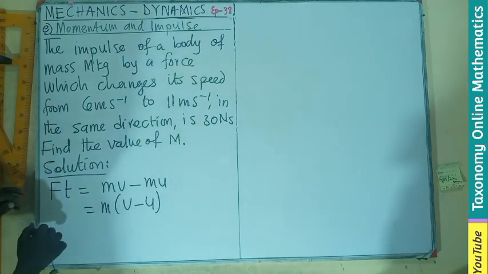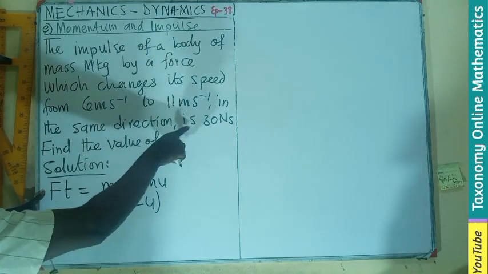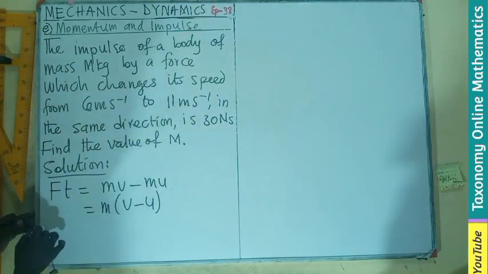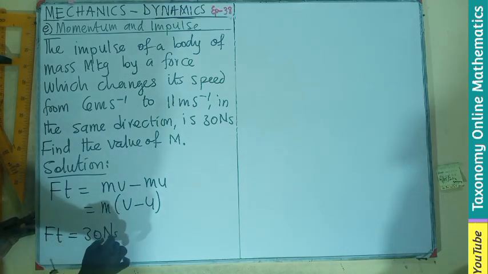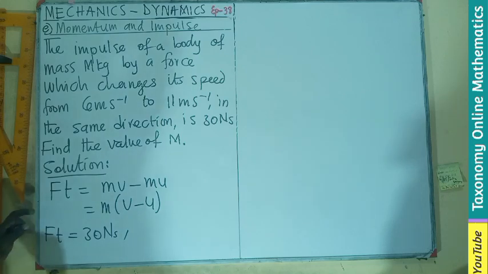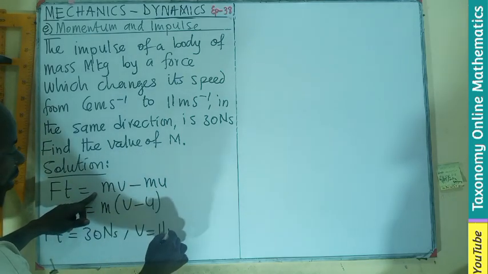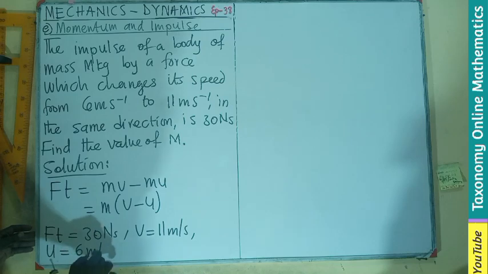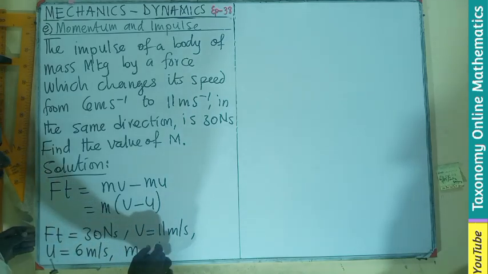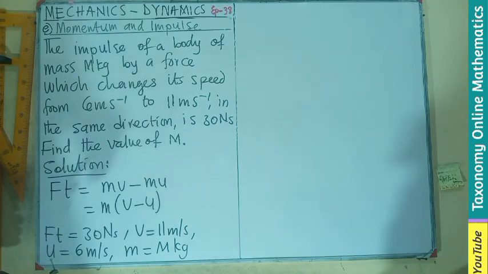From the question, the impulse of a body is 30 Newton seconds. Then the final velocity is given as 11 meters per second, the initial velocity is given as 6 meters per second, and the mass is given as capital M kg.